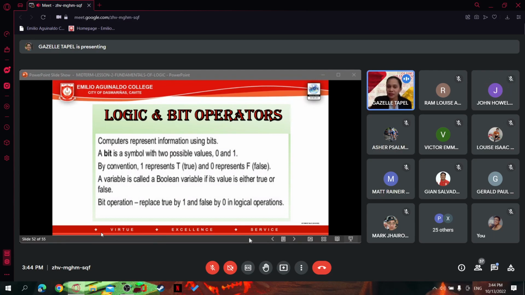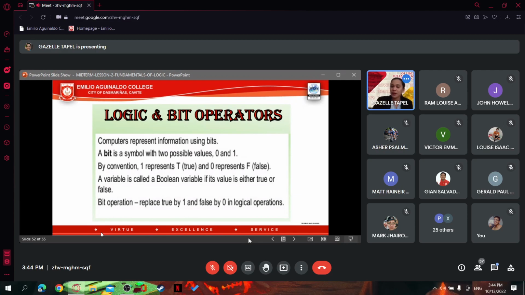So, ito, same concept lang siya. Ang pinagkaiba lang nila, yung true, papalitan natin ng 1. So here, a bit is a symbol with 2 possible values, and that is 0 and 1. So, yung 1, ang nire-represent niya ay true. Yung 0, ang nire-represent niya ay false.